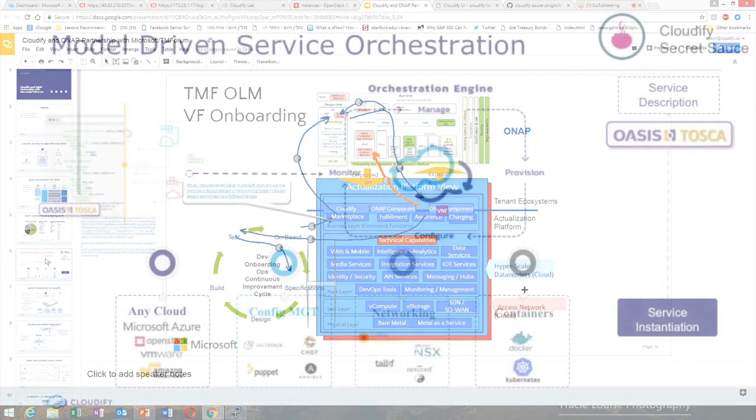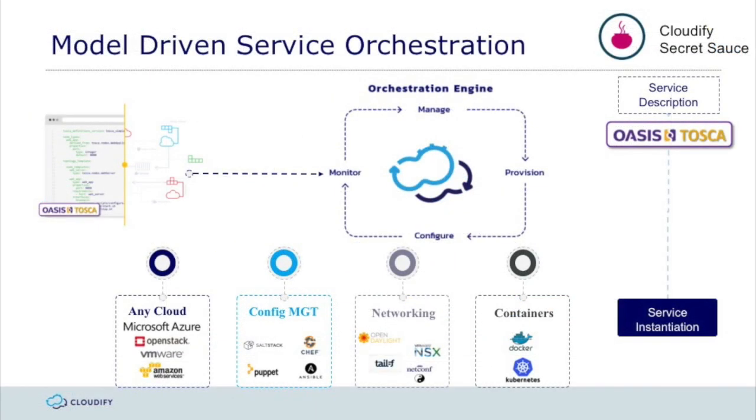I picked on Cloudify because they were handy, but it's one example that illustrates the point that a network function vendor can have a DevOps and onboarding process that's independent of any one operator. They can develop it on a cloud and use it as a DevOps environment to build, test and do continuous improvement.